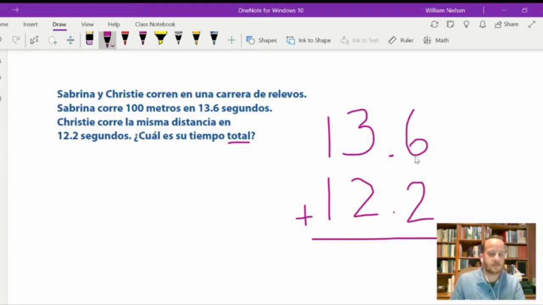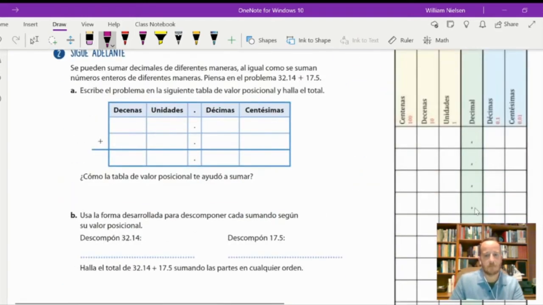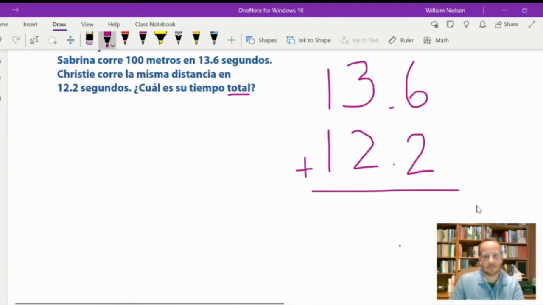La pregunta es, ¿cómo vamos a escribir o dónde voy a poner mi decimal? Nunca, cuando estamos sumando, nunca va a cambiar de posición. ¿Ok? Si vemos otra vez aquí, los decimales siempre alineados. Ve aquí, alineados. ¿Ok? Entonces, eso es lo que vamos a hacer aquí también.